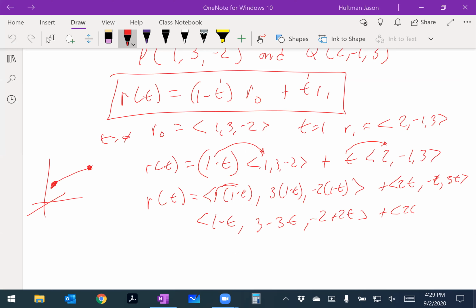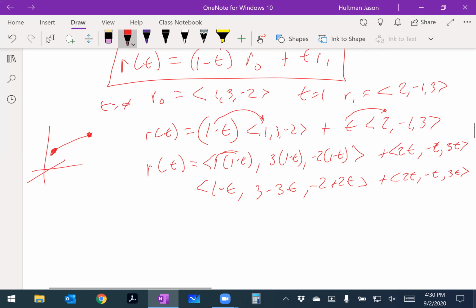Okay, so this is 2t. This is negative t, and this is 3t. Okay, so now let's add these together. What is 1 minus t plus 2t? Wasn't that 1 plus t? Right? What is 3 minus 3t minus t?